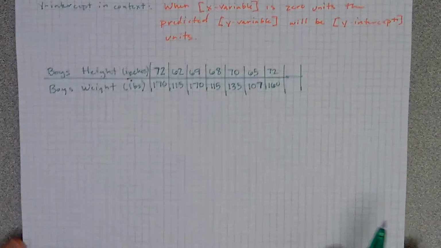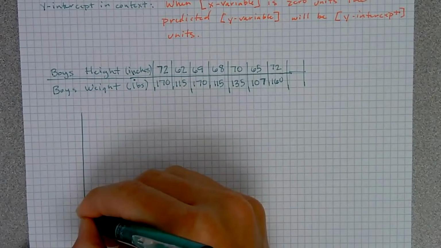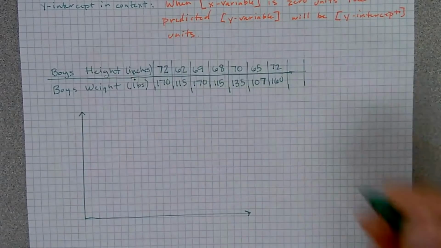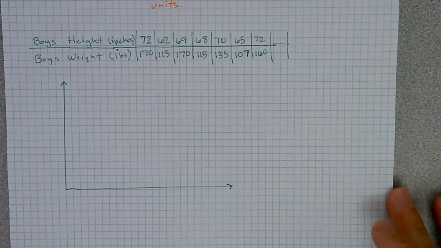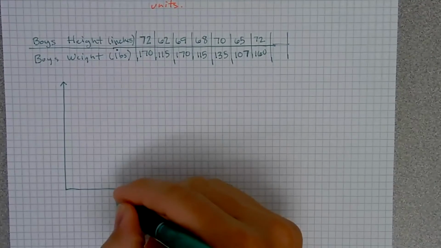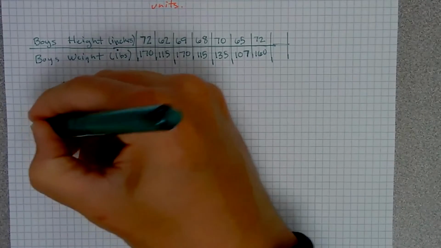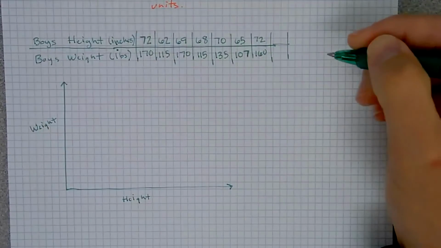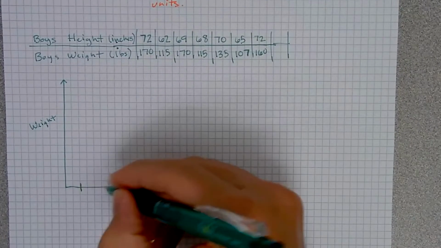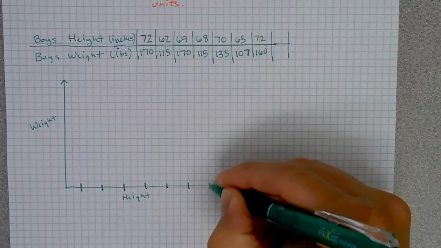So the first thing you would do, and I'm just going to sketch this, is make what we call a scatter plot. Let's say our boys' height is going to be our x-axis, and our boys' weight is going to be the y-axis. It doesn't need to be perfect. I'm just going to make up some points to give us an idea.